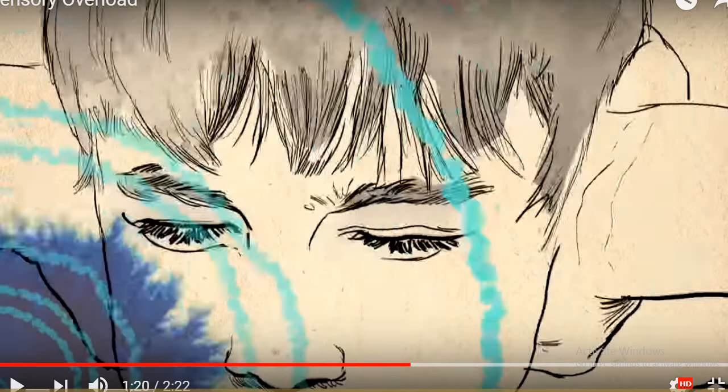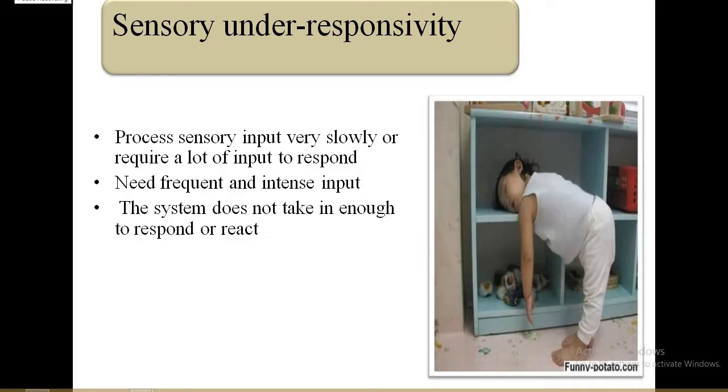Here the boy is an active regulator, we can say, as he showed the fight and flight responses. Here the child's neurological threshold is high, so he or she needs a lot of input to respond.